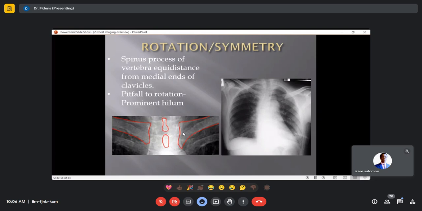The distance from here to there and from there to there are the same, meaning there was no rotation. So the film was symmetrical.